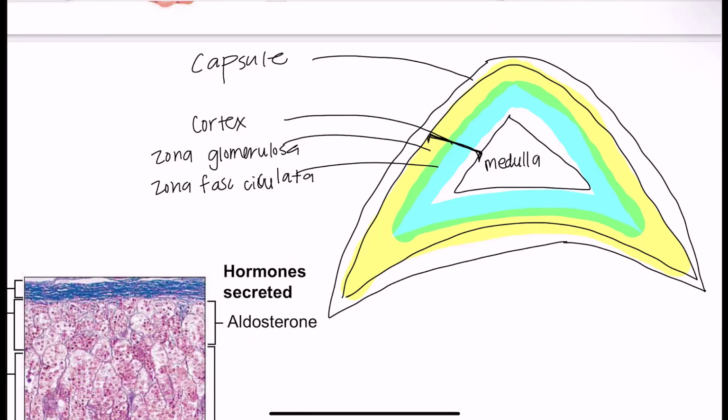And then the last one, the innermost layer, is a smaller layer. I'll do it in pink. It's kind of like the rest of it. The innermost layer is again another zone. It's called the zona reticularis.